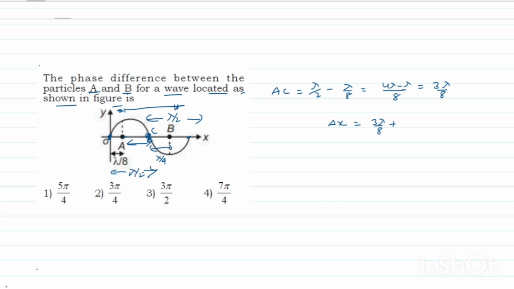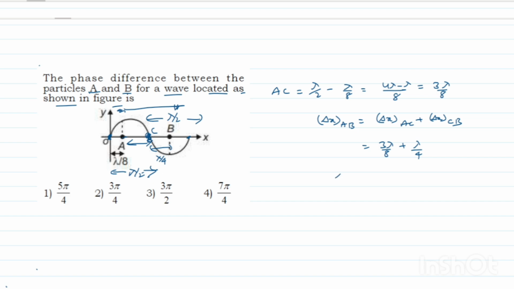Then delta x, the path difference between A and B, will be AB, which is the distance AC plus CB. Delta x AC value is 3 lambda by 8, plus the CB value is lambda by 4.